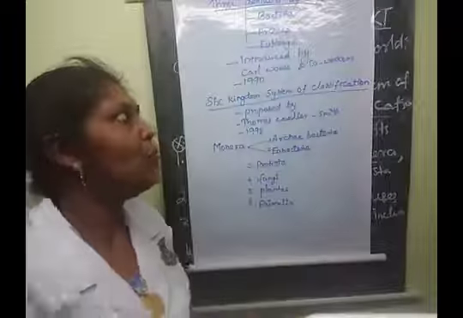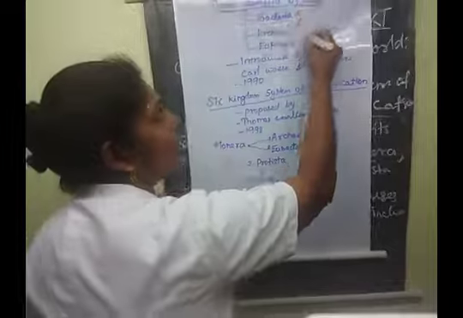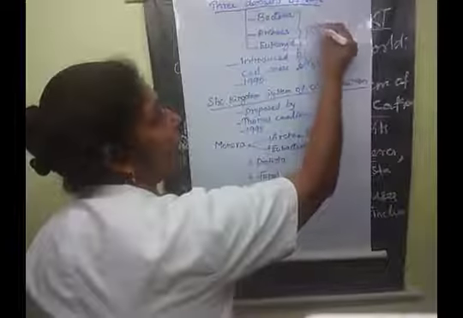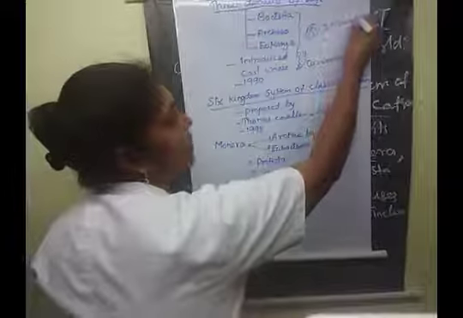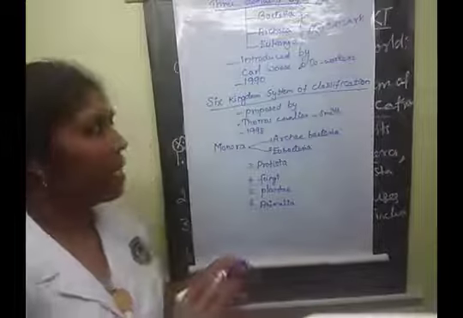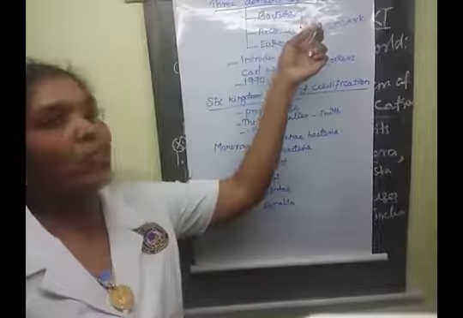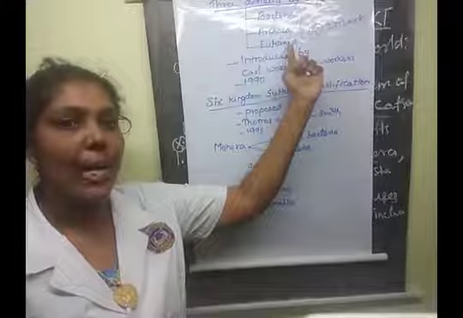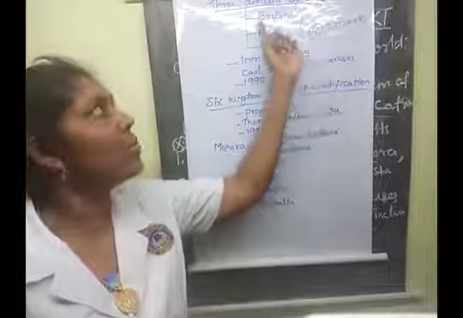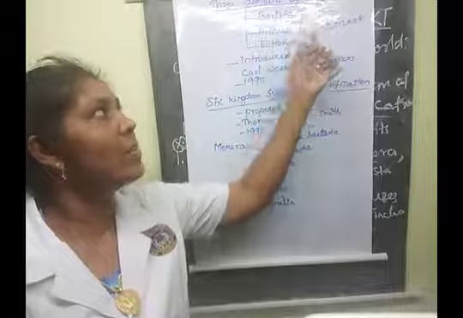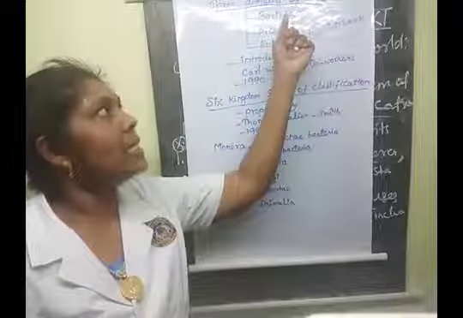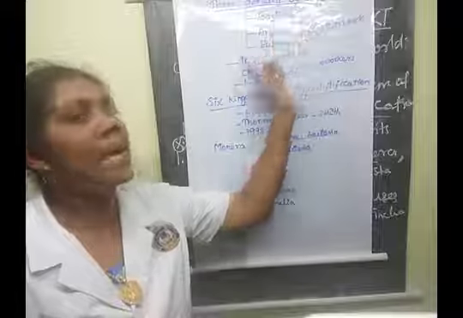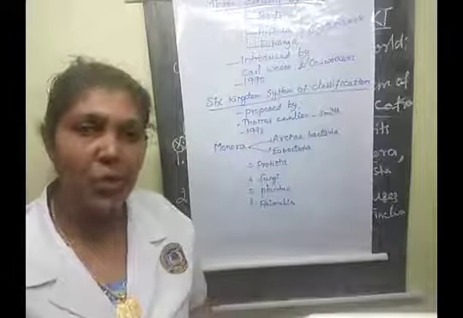This is a very, very important two mark question. Understood, children? What are the three domains of life? Bacteria, Archaea, Eukarya. If you just write these three names, you will get the two marks.